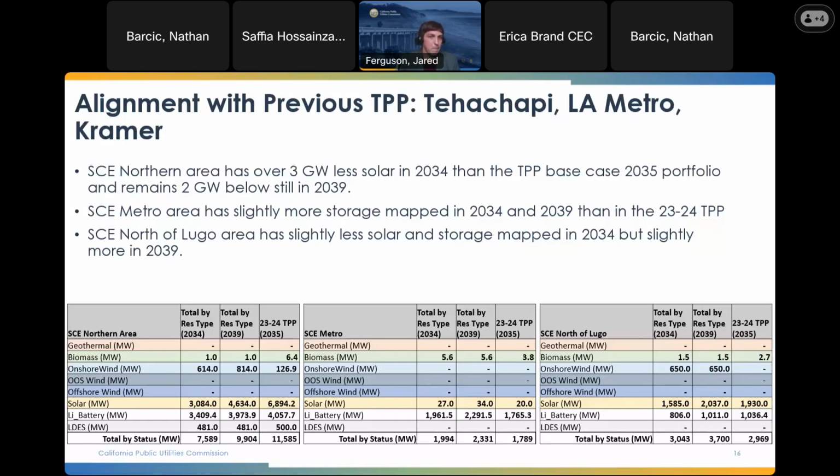In the metro area, you actually have a little bit more batteries mapped in 2034 and 2039, while the Greater Kramer area is probably the region that's most similar to the previous TPP. You do have a few hundred megawatts less resources in solar and storage in 2034, but then you have a little bit more in 2039. Next slide.